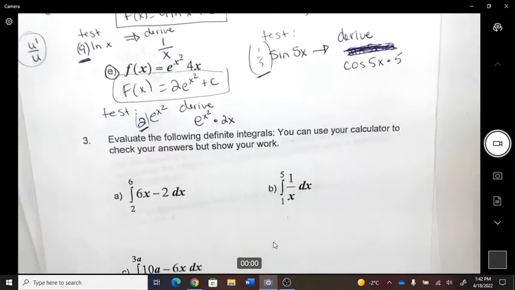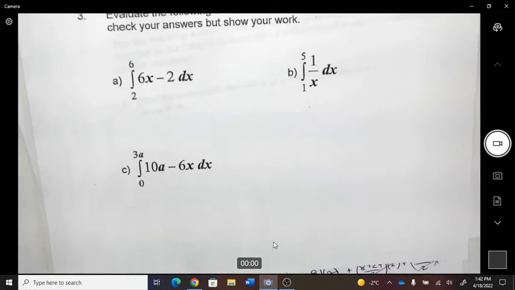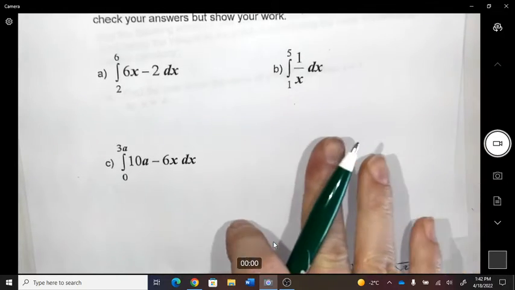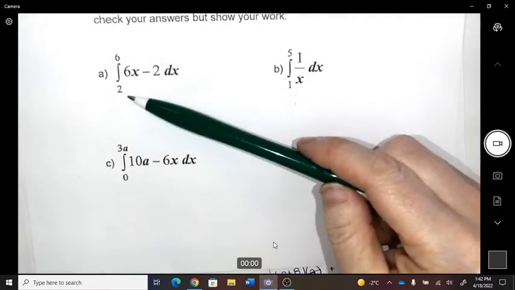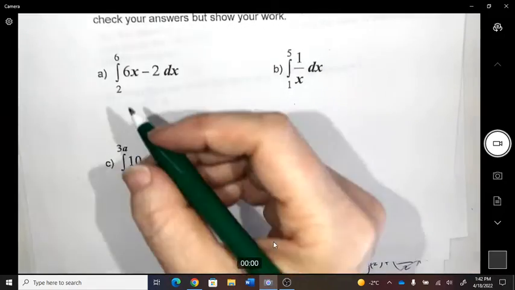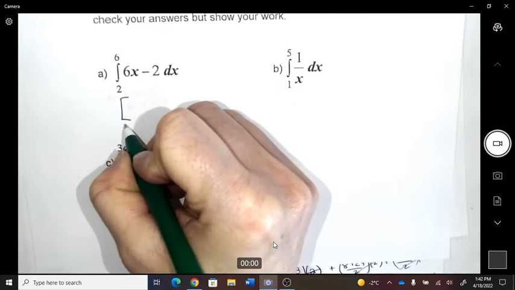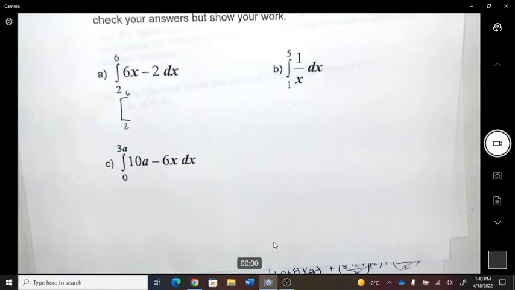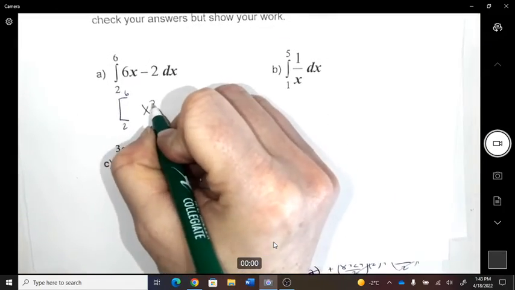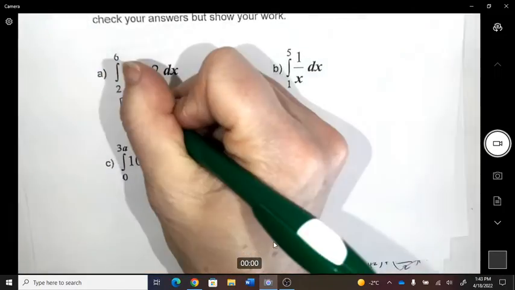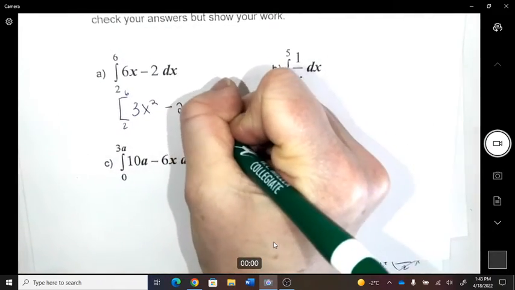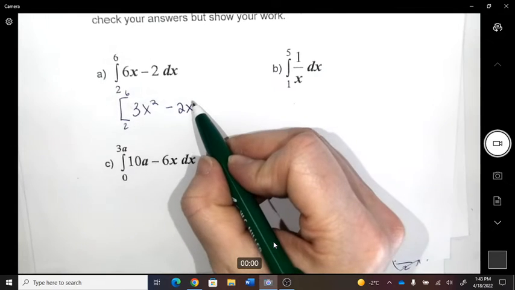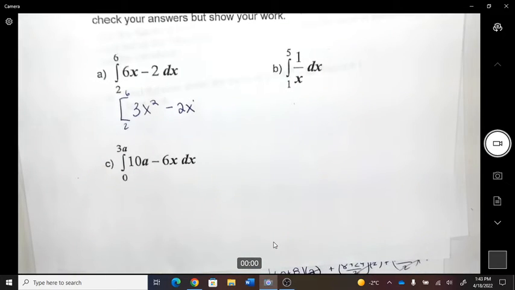Okay, definite integrals. So those were indefinite integrals, antideriving. This is a definite when we get a number. Okay, so I'm going to use this symbol to mean I'm actually doing the antiderivative. So I'm going to go up 1 and divide. Up 1, and if that's a 1, so 2 divided by 1.